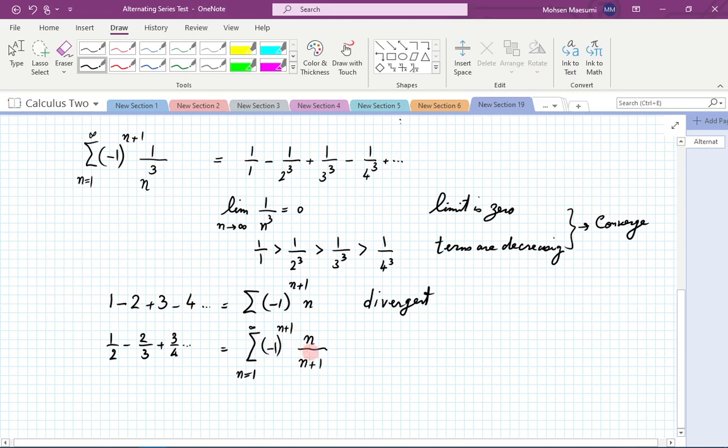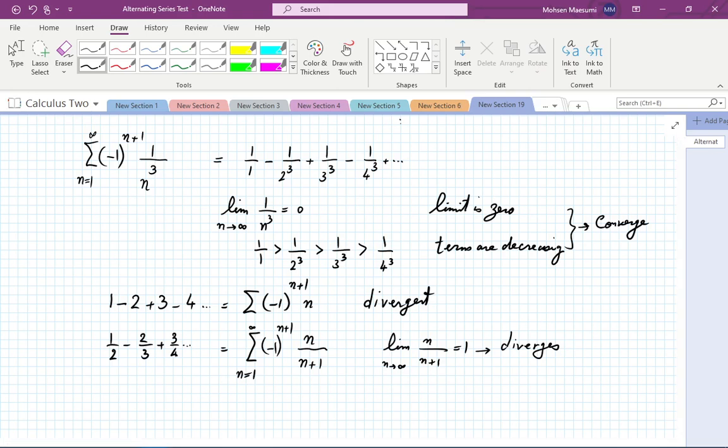Well, again, this one violates the condition that the nth term has to go to 0. We are not even relieved from any consideration with respect to is it decreasing or not. We don't even need to bother with that. The limit of n over n plus 1 as n goes to infinity, what is that? Obviously it's not 0, the limit is 1, so that one already tells us that this alternating series is going to diverge.